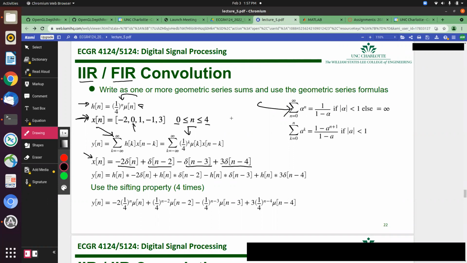Then we do the convolution. We do h convolved with all these delta functions. So h convolved with x is equivalent to h convolved with minus 2 times delta of n, h convolved with delta of n minus 2, and so on. So we have lots of different convolution problems. We have, in this case, 4 convolution problems, but they are all simple because they are sifting convolutions.